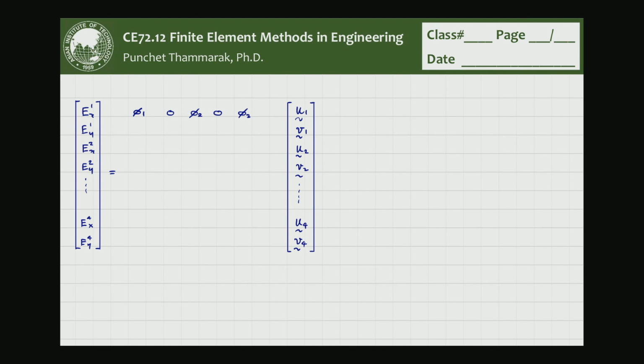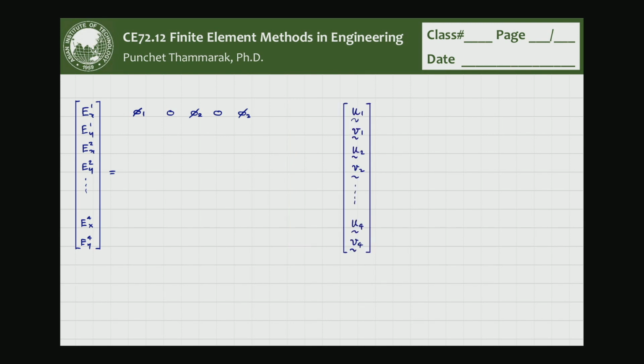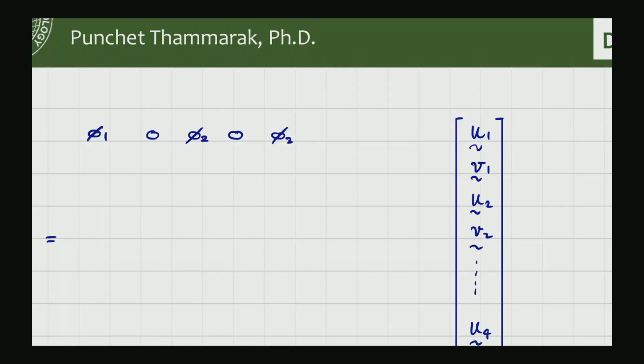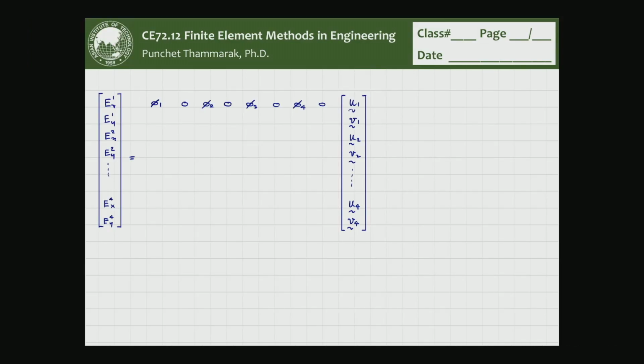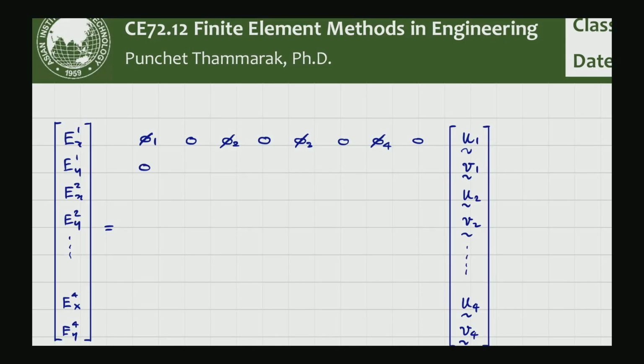This is the screening out of the v, so v is not coming in. And the next line has nothing to do with the u.